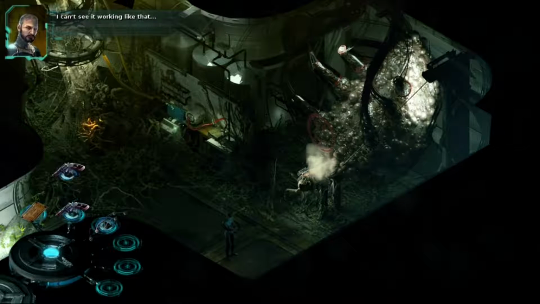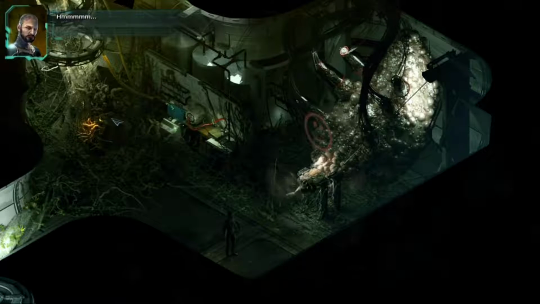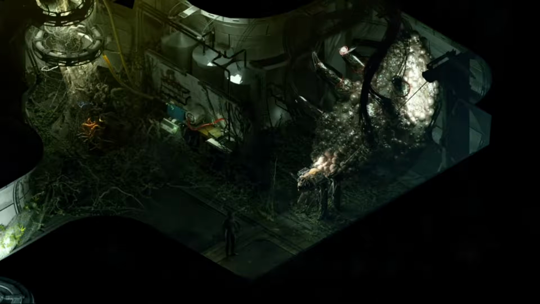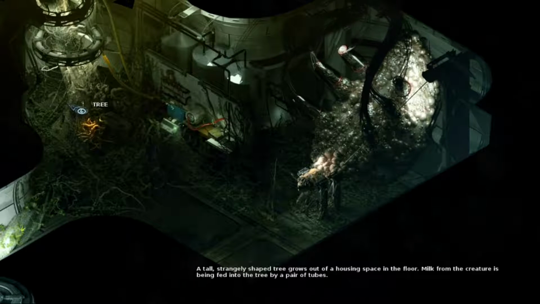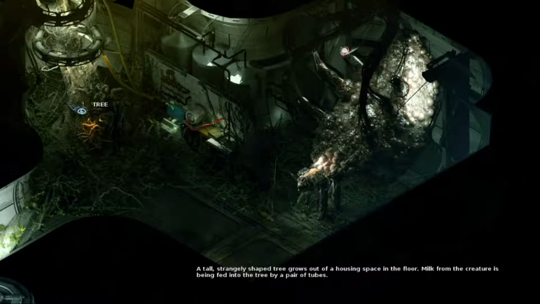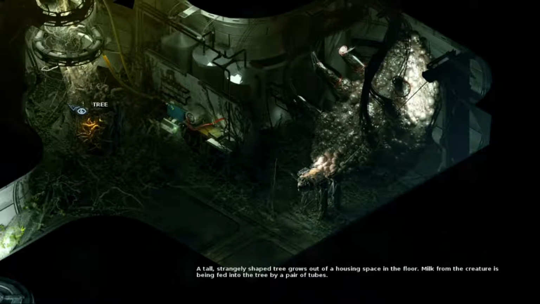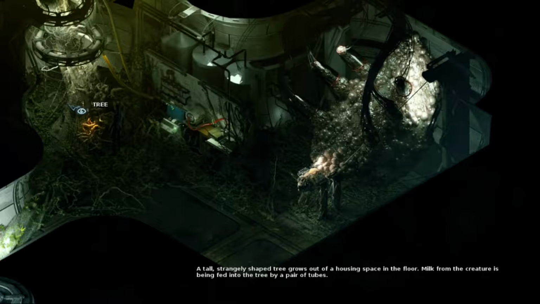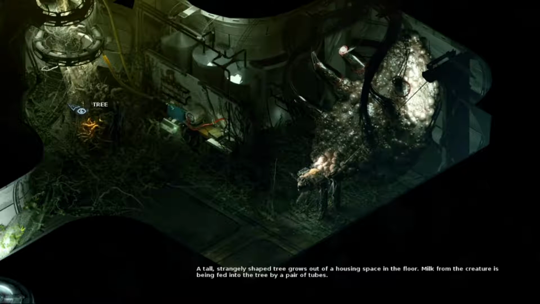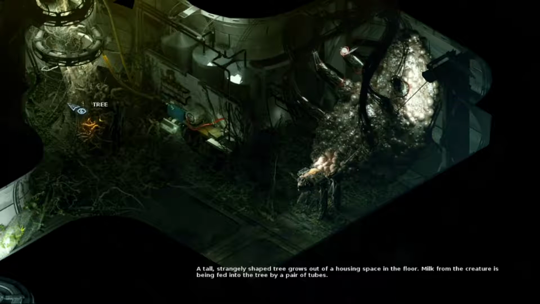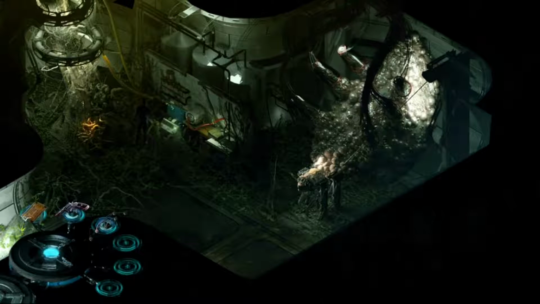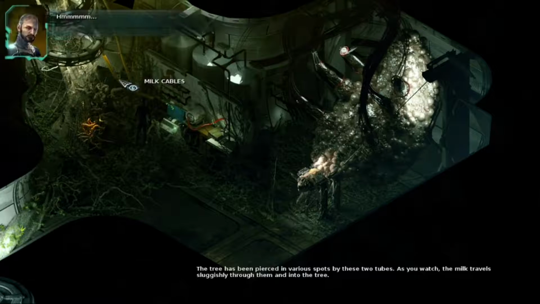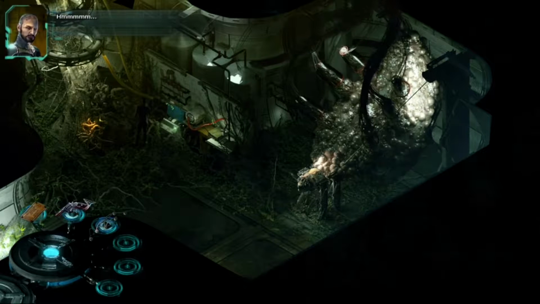Maybe if we... So a tall, strangely shaped tree grows out of a house in space in the floor. Milk from the creature is being fed into the tree by a pair of tubes. Okay, so maybe we could... No?